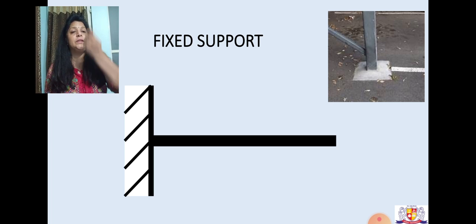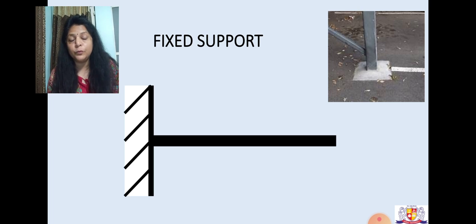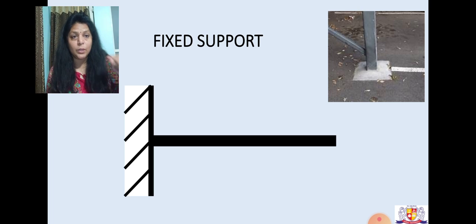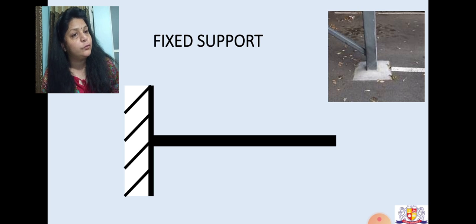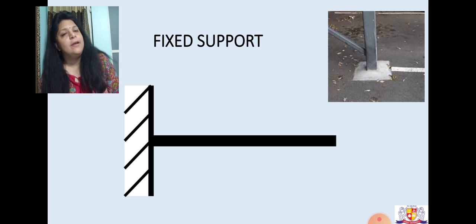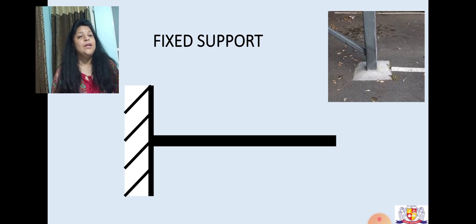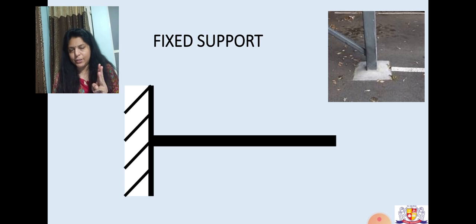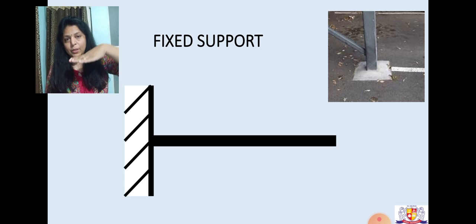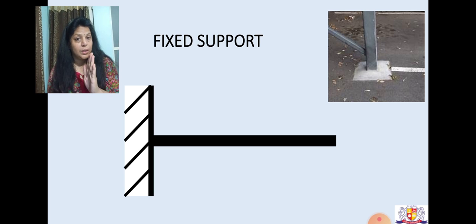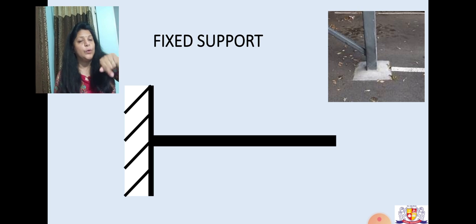If I want to move it in the upward direction, it will not move because it is fixed. And if I want to rotate it, will it rotate? No, because its other end is also fixed. So whenever you have a fixed support, you have three reactions. One is horizontal, second is vertical, and third is rotation.